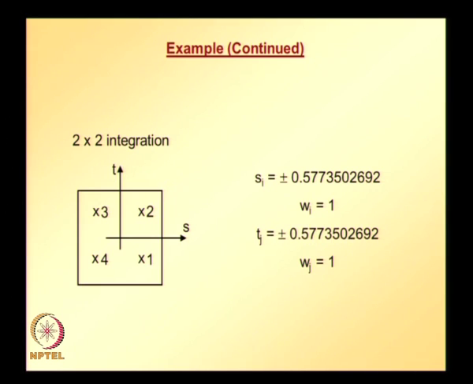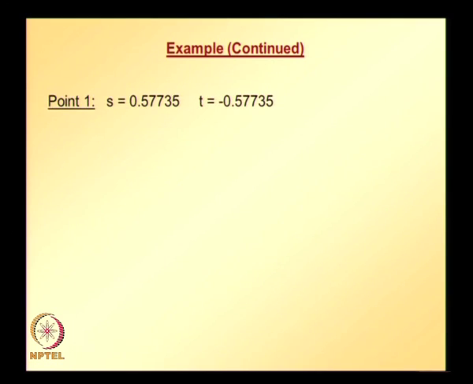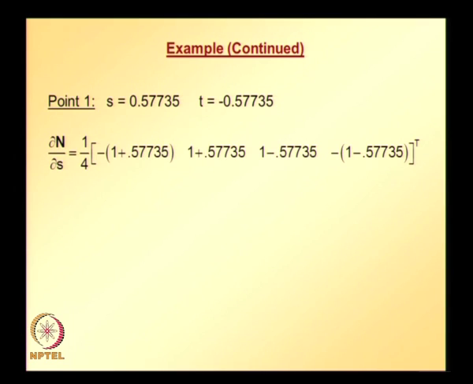So, now let us start by taking one of the points. Let us say the first point that we choose is S equal to 0.57735, T equal to minus 0.57735. So, at this location we need to evaluate the Bx vector.